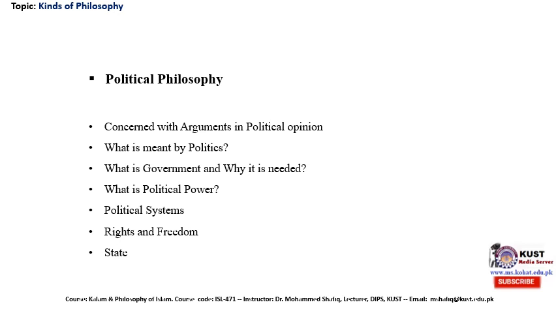For others, it would be dictatorship. For some, monarchy would be the best form of government. So what is government and what are the different components of government? How is a government made? I mean, what are the parts of the government? And why do we need it? Why can't we live without government? So these are the questions in political philosophy.